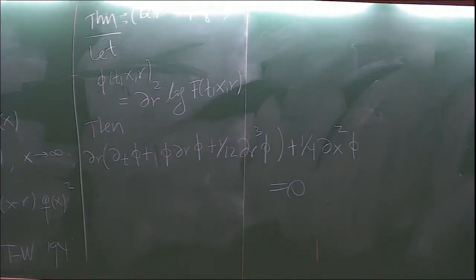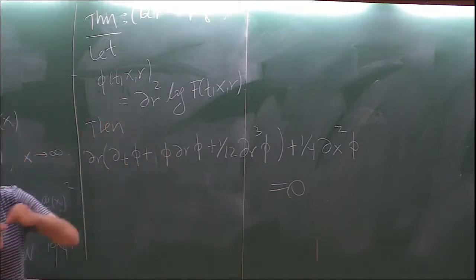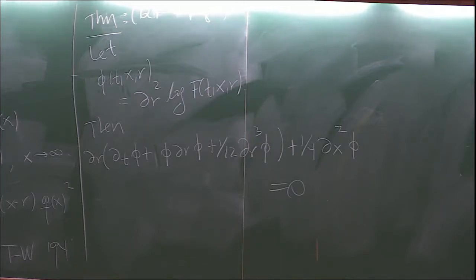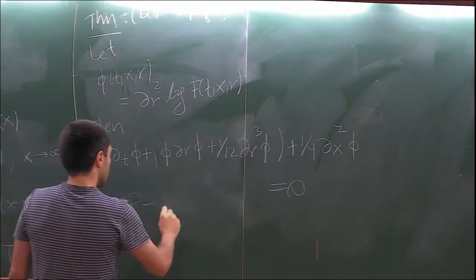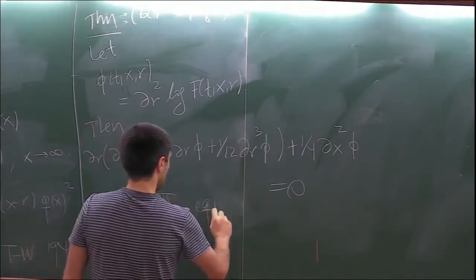So KdV is a one-dimensional equation modeling water waves in shallow waters. And this is a sort of two-dimensional extension where you have an additional variable, and the wave depends slowly on that transverse direction. So these are the KP2 equations.